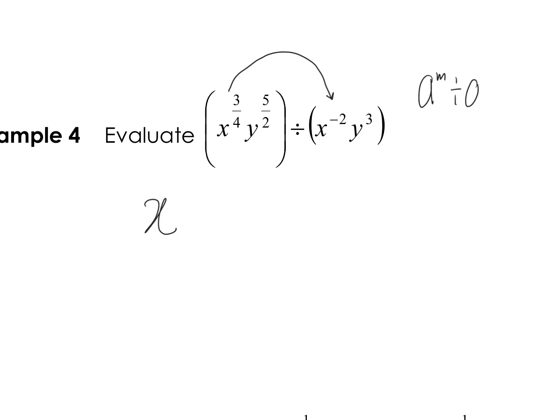When it's divide, what do you do to the power? So what do you get? 2 and 3/4, right? So 11 over 4. So you do this, 3/4 minus negative 2 becomes plus 2.